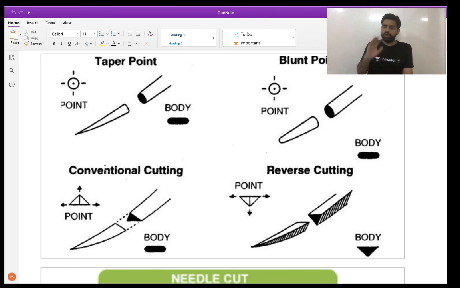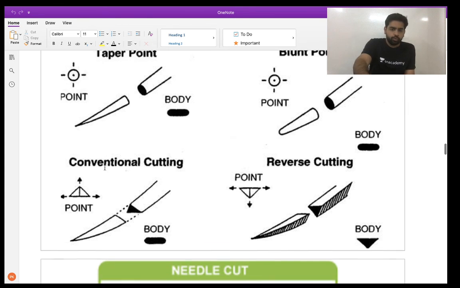So what you need to remember from this slide is that we can have a cutting, which can be a conventional cutting or a reverse cutting. Then we can have a blunt point, and we can have a combination of both, that is basically the taper point. The end of the needle will be pointed, but the rest of the needle will be round bodied. I hope you understood this.